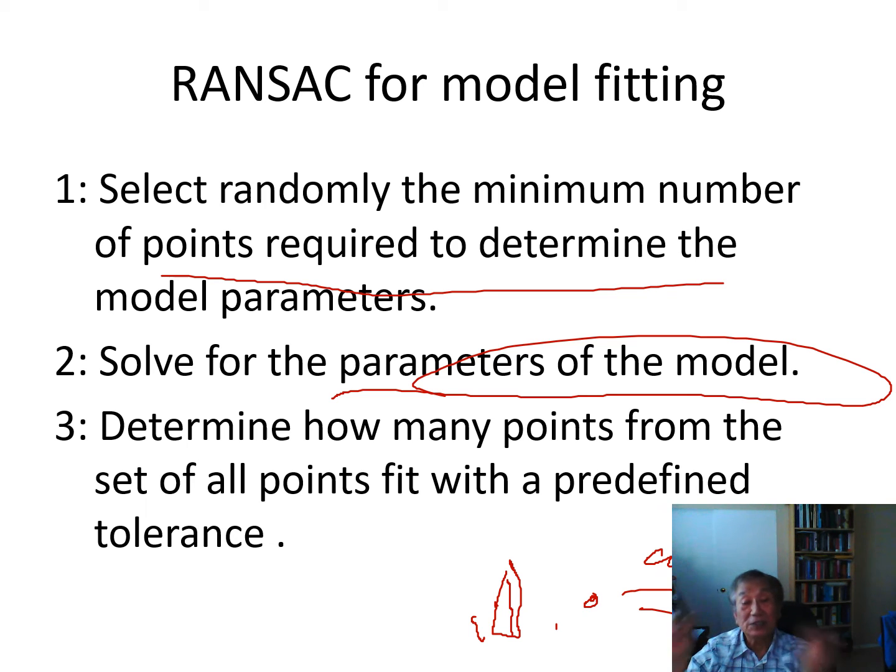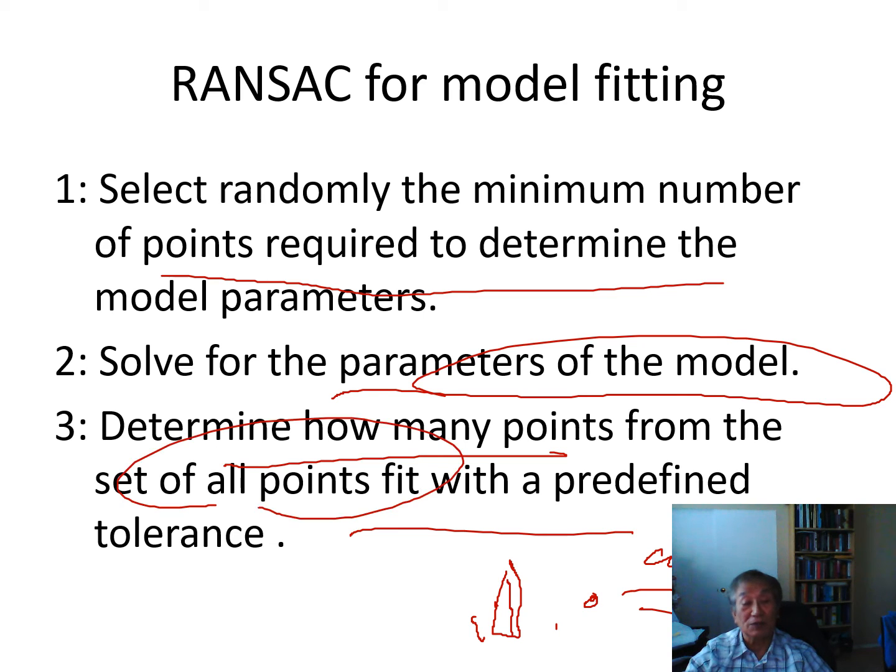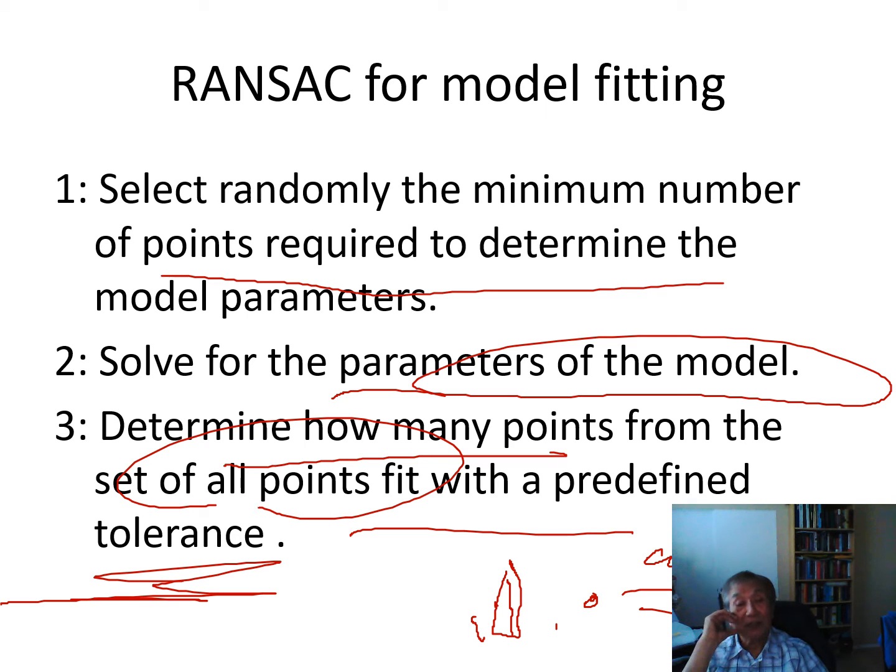So certain specific data fitting, that is what they worked on. But anyway, you keep working out how many points from all points fit to the predefined tolerance. So you just keep running. In older days, this took quite a bit of time, but nowadays the computer is so fast, and they can handle it with a large main memory. So with a random sample, you can get pretty satisfactory results.